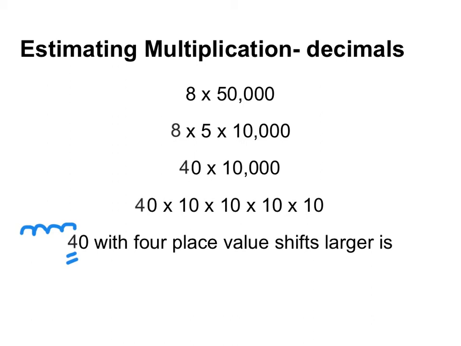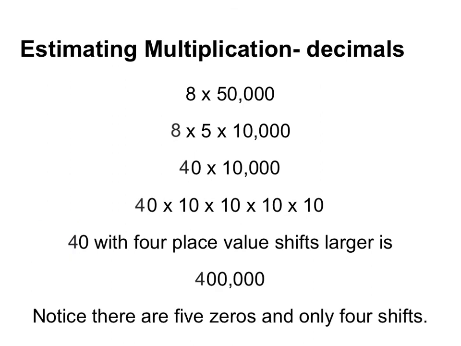So that 4 needs to land in the 100,000s place. So 40 with 4 place value shifts larger ends up to be 400,000.